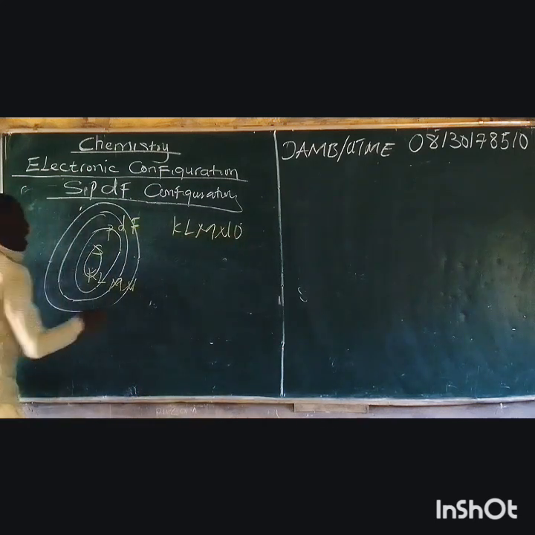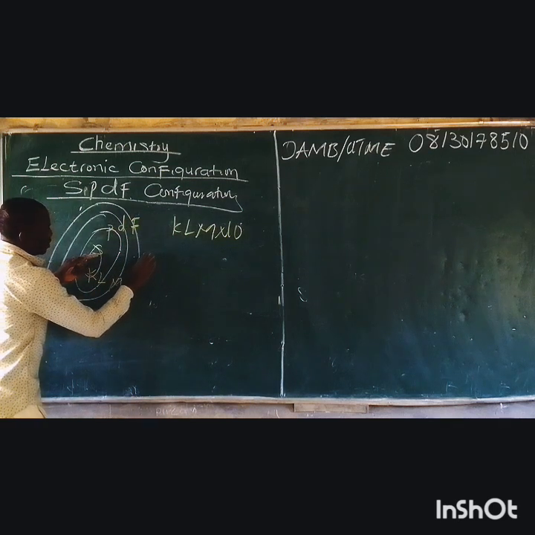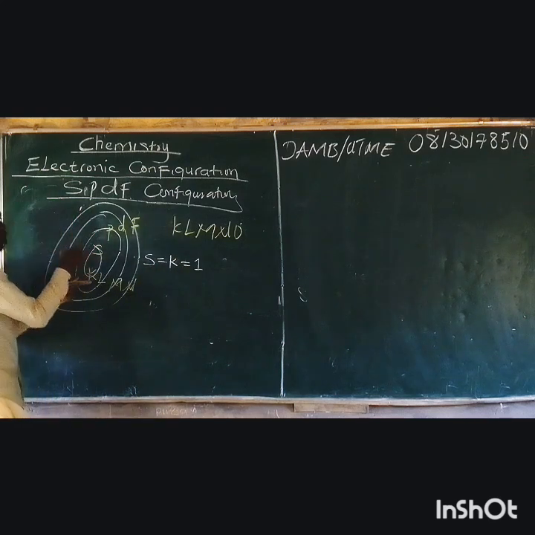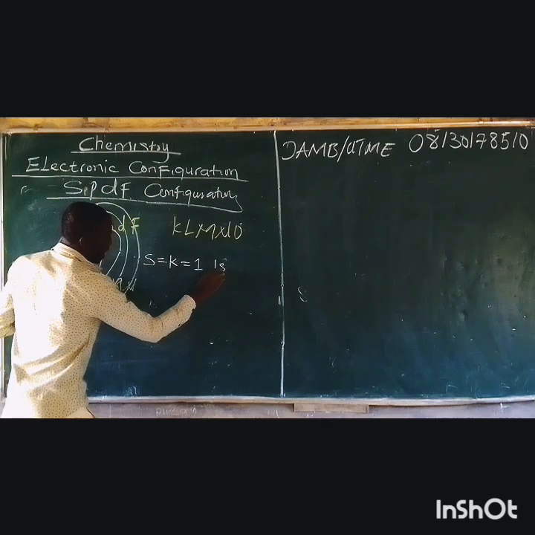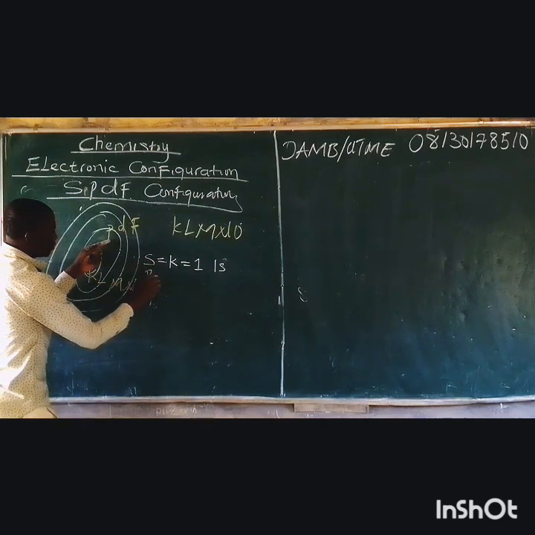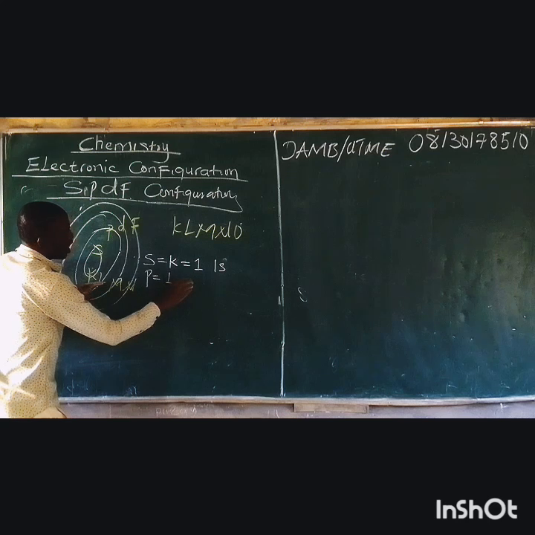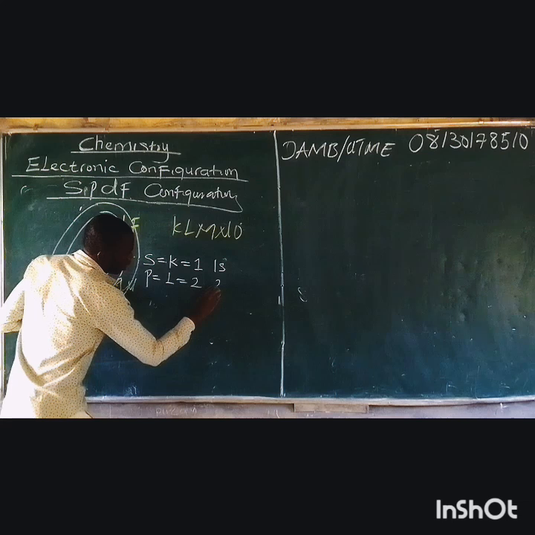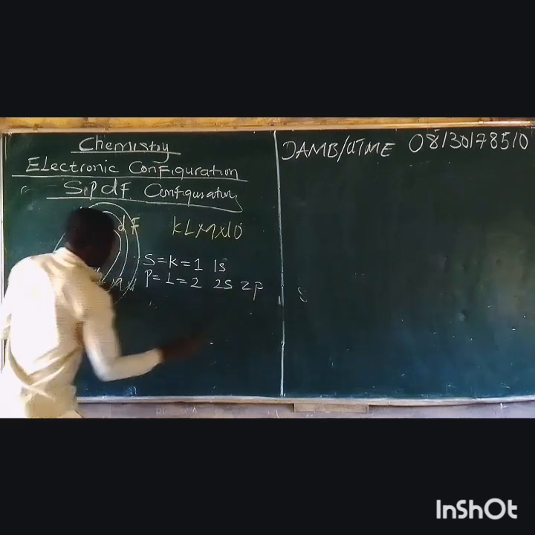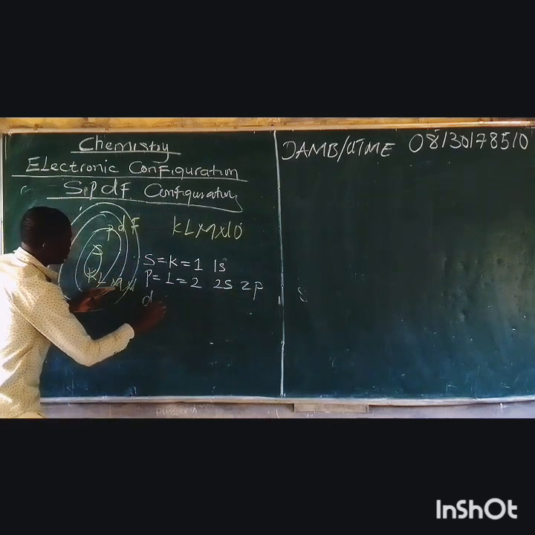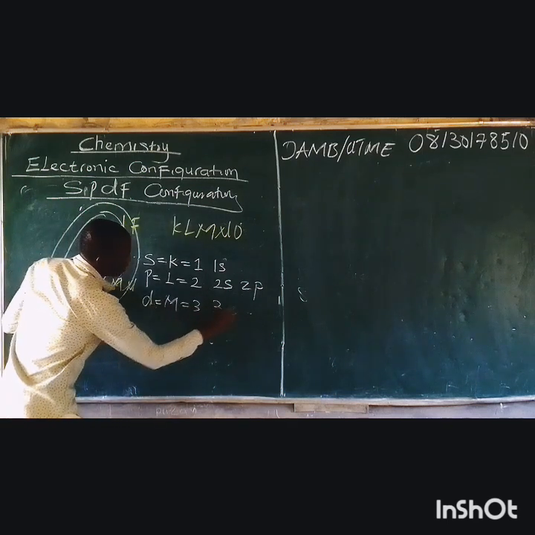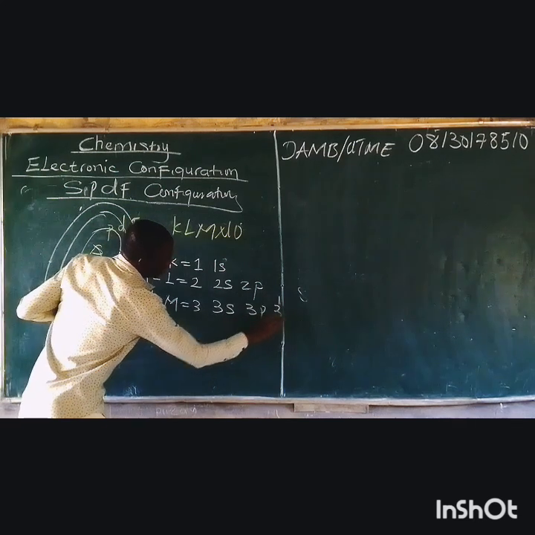Now I need you to know that the first shell, the first orbital, which is the s, is equal to the K shell, and it has one orbital, so it is the 1s. The second shell is the L, which has the 2s and then the 2p. The third shell, the M, has the 3s, 3p, and then 3d.